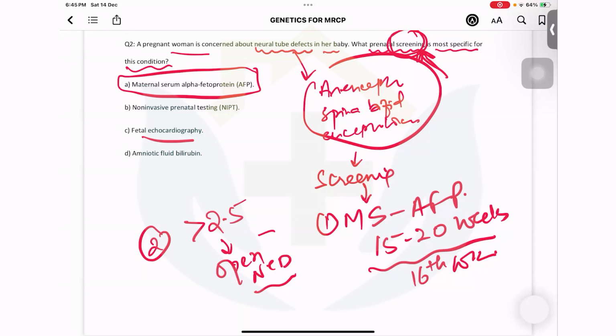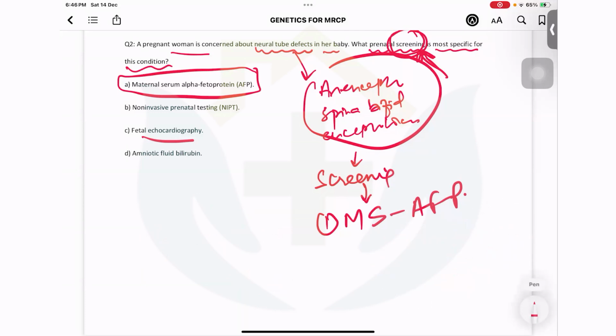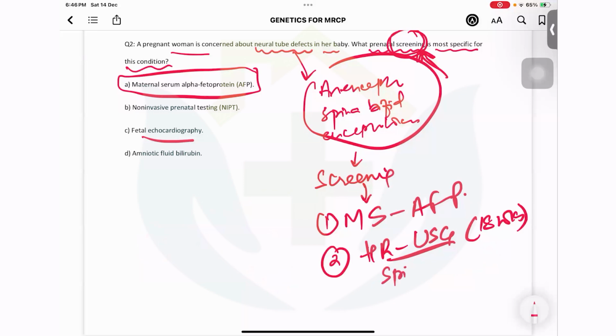Then what else can you do in screening? One is the MSAFP, maternal serum alpha fetoprotein. Then you can do ultrasonography. Is there any specific ultrasonography? Yes, it is called high resolution ultrasound. This is also done during a similar 18 weeks gestation. So you can detect spina bifida. There is a special sign seen in ultrasound of spina bifida. What is that known as? Banana sign. Very good.